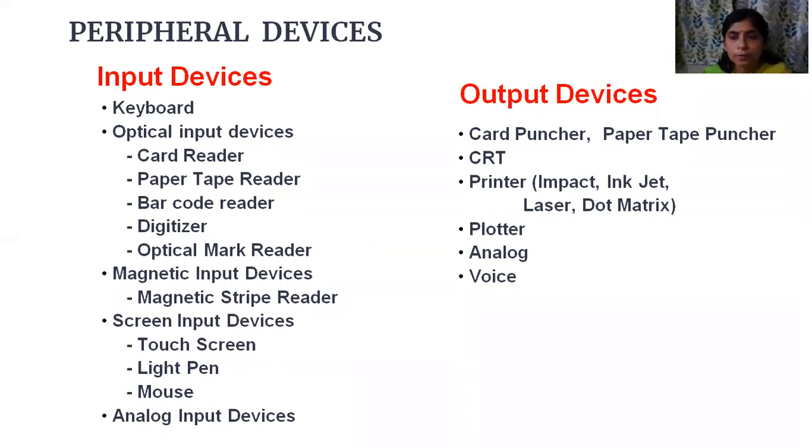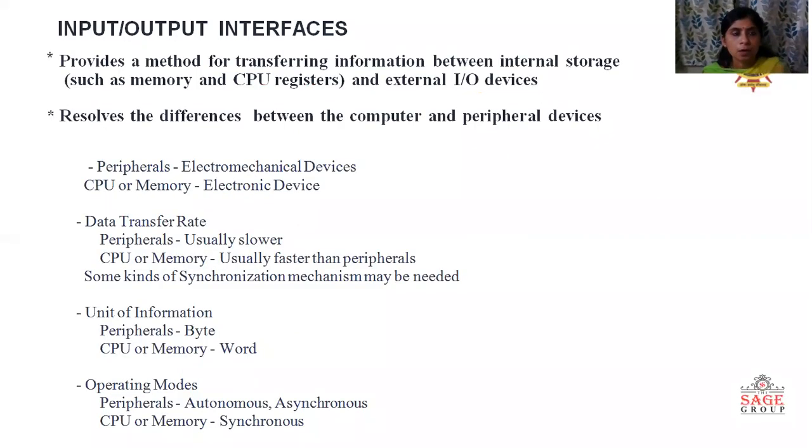So these are the different examples of input devices. And output devices: printer, different types of printers, then plotter, then voice signals, CRT signals, then card puncher. These are the different examples of output devices, or peripheral devices.